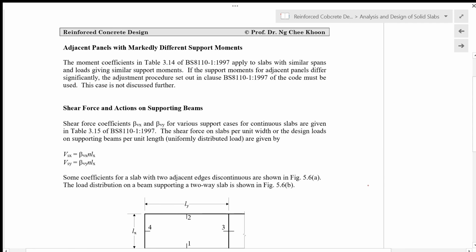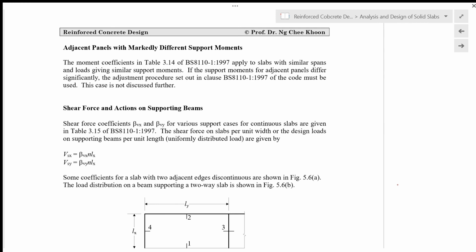And then for shear force and actions on supporting beams. So shear force coefficients beta Vx and beta Vy for various support cases for continuous slabs are given in table 3.15 of BS 8110 part 1 1997.